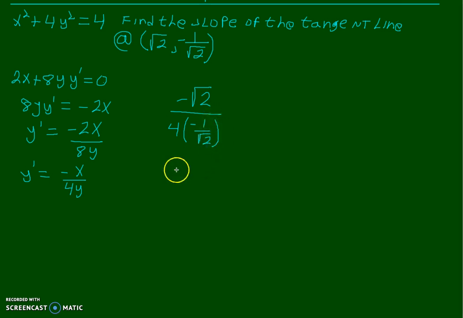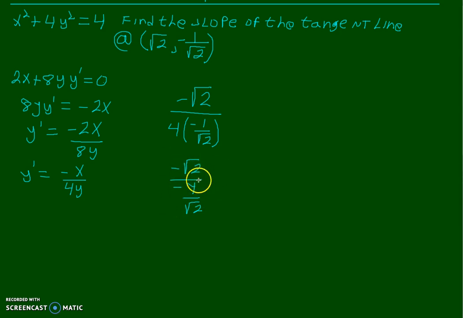So this gives us negative square root of 2 over negative 4 over the square root of 2. And these negatives disappear, so this is going to be a positive expression.